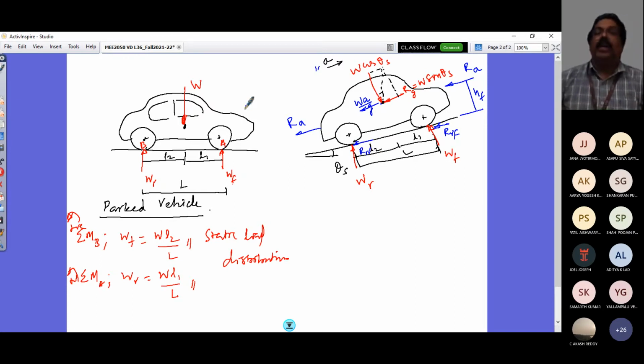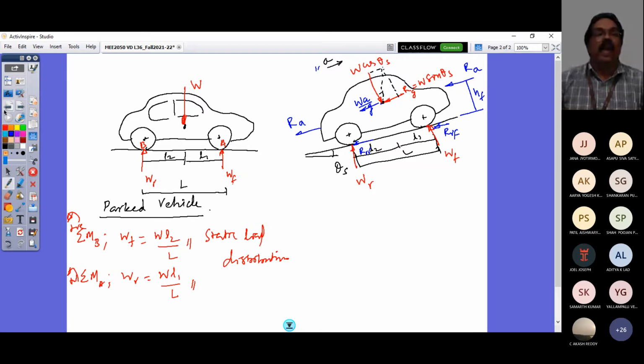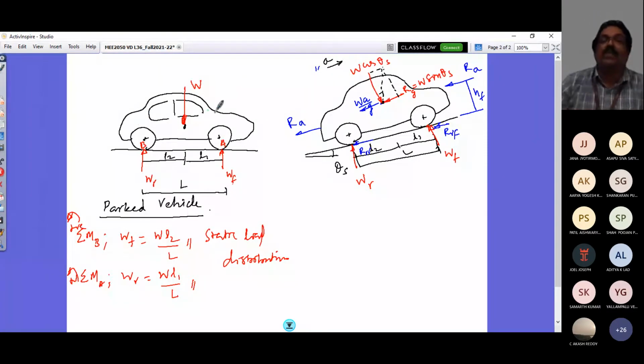Now, in addition to that, I can have another force that is very important for today's class. That is the tractive force, because of my drive wheels. If I consider an all-wheel drive vehicle, I will have my tractive force acting here as well as here.